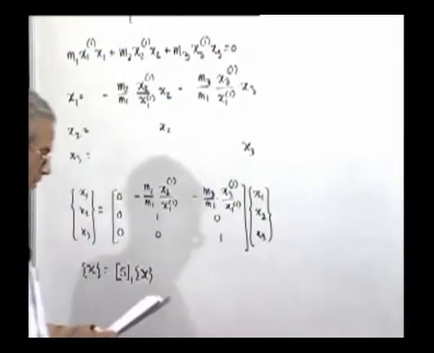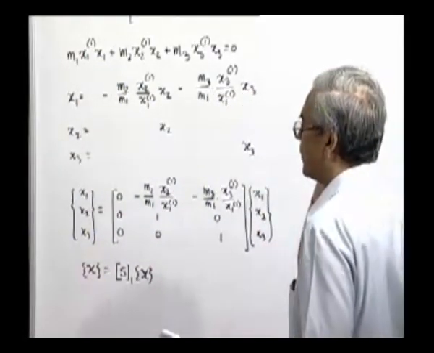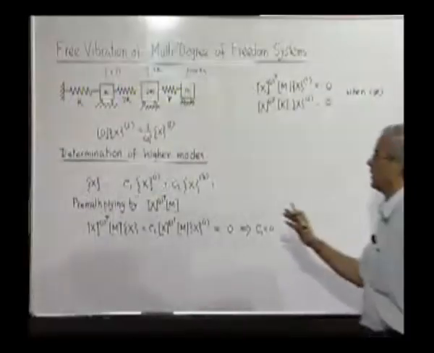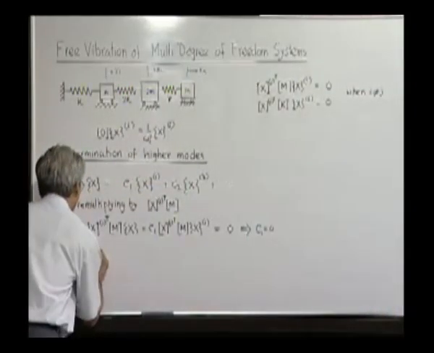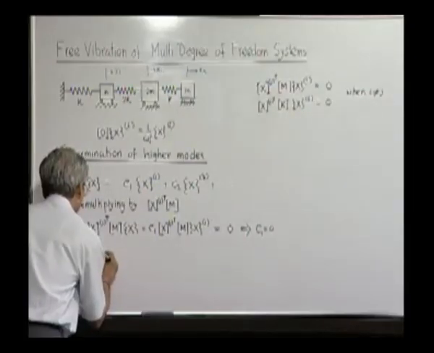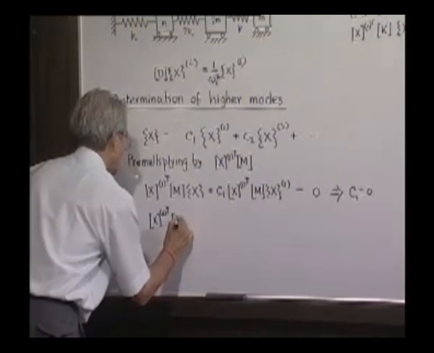Similarly, C2 can be made 0 by pre-multiplying this by x2.